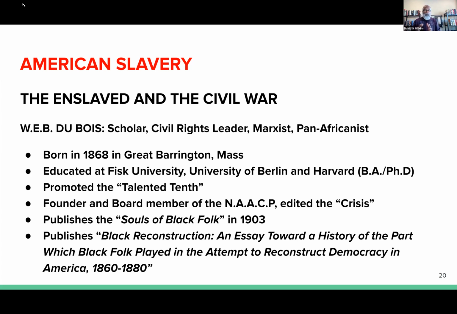We don't have time to expand much on that, but Du Bois is perhaps certainly the leading scholar of the time, and even today is of great importance to our understanding of American history. A bit of his background here: first Black awarded a Harvard PhD, and one of the founders of the NAACP, publisher of The Crisis, the organization's journal for many years.